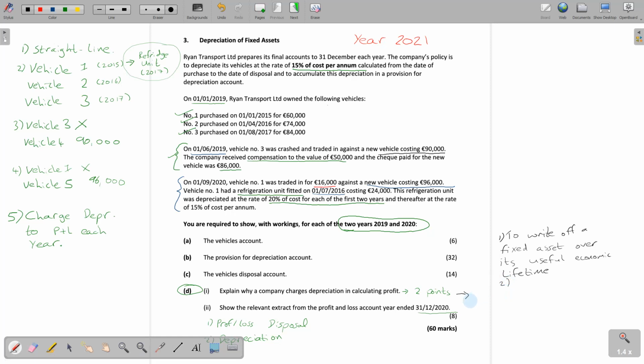Okay, so it's an expense in the P&L, so don't forget that. So it's an expense in the profit and loss, so I just named that as well.